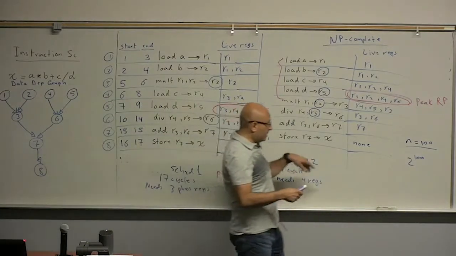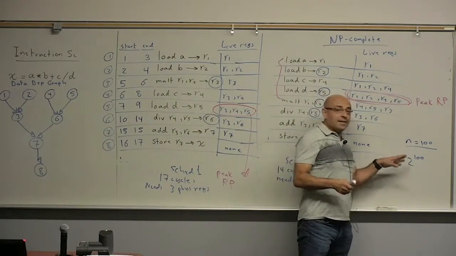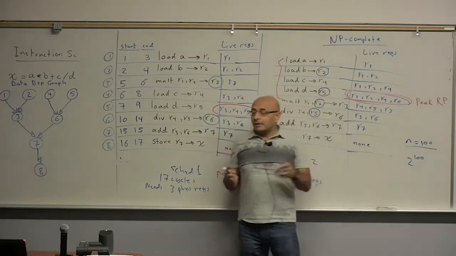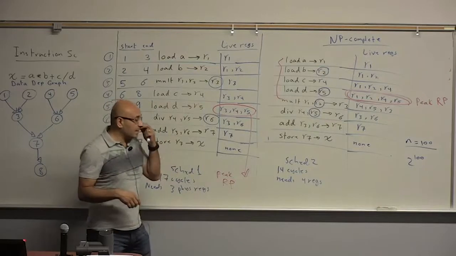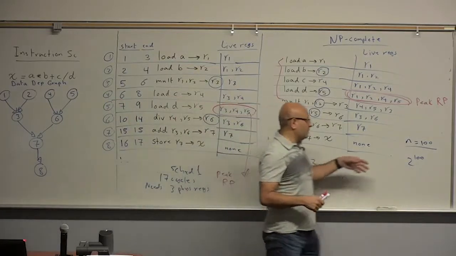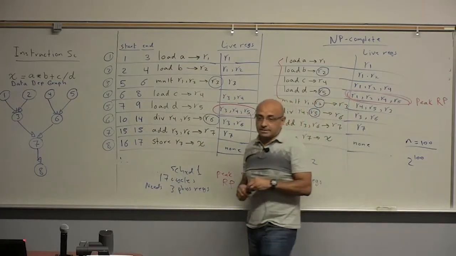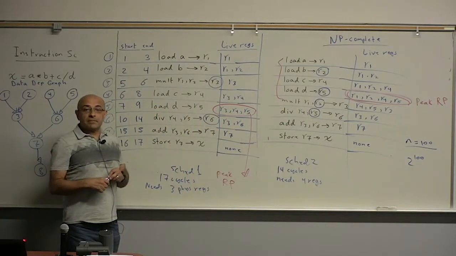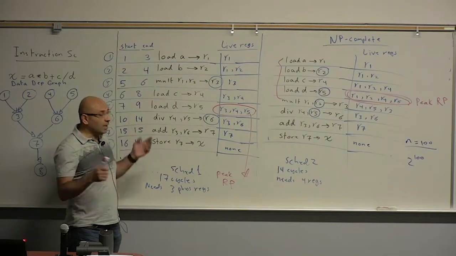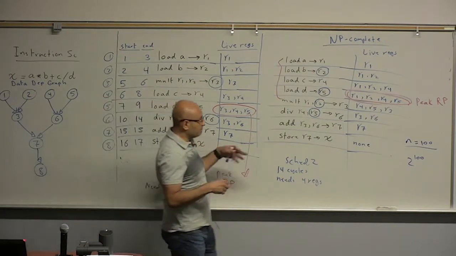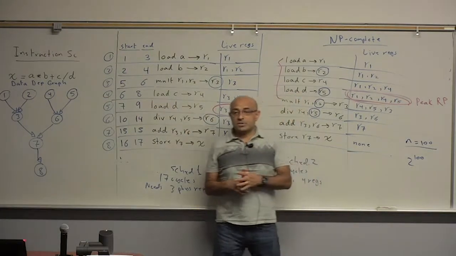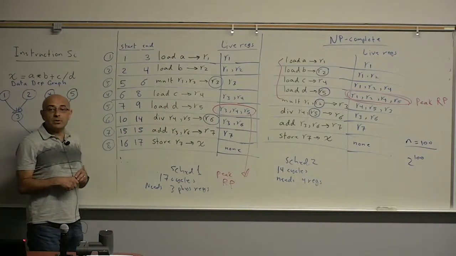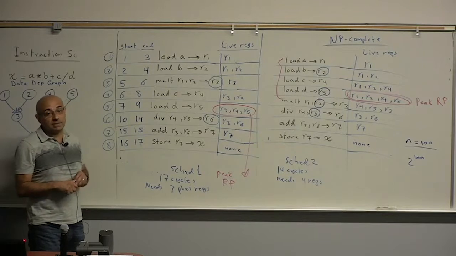So it means that if you want to run an exponential algorithm that will be trying to find the best ordering in this case, it's going to take billions of years in the worst case. Okay? So that's why compilers don't solve this problem exactly. They use certain heuristics, and these heuristics hopefully work well in most cases, but not in all cases.